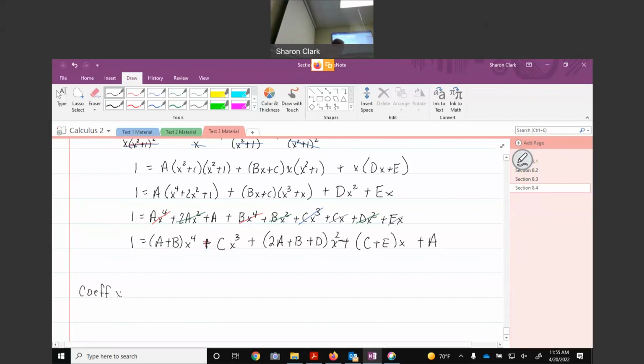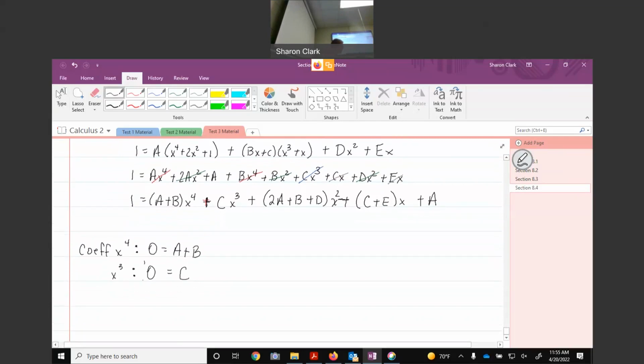Coefficient of x to the 4th, 0 equals A plus B. Coefficient of x cubed, 0 equals C. Now we got C. My constant, 0 equals 2A plus B plus D. 0 equals C plus E. So what does that tell you about E?